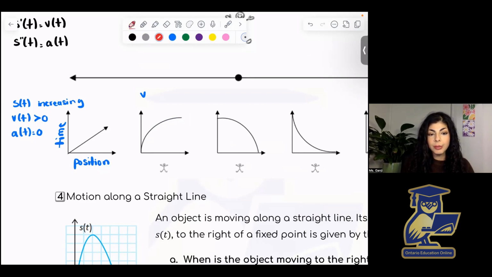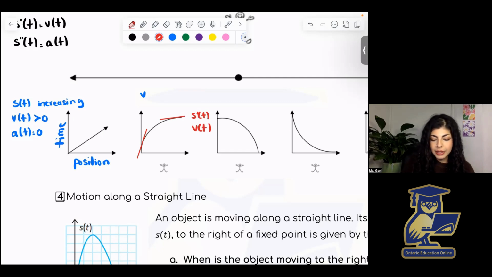Now here we're going to start bringing those tangents back in because it's really going to help with visualizing this. So here, consider the tangent here. And then consider the tangent perhaps at this point. Now, these are actually s prime of t, right? And the slope of them is s prime of t. But this is also equal to v of t.